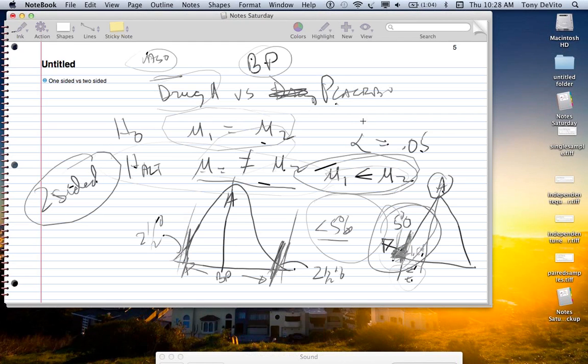And so if I said for the alternative hypothesis mu1 minus mu2 is greater than 0, that's also a one-sided test, right? Because normally my alternative hypothesis would be does not equal 0.